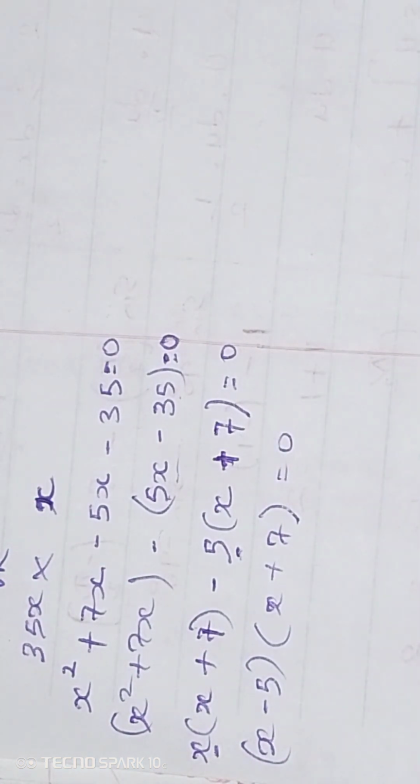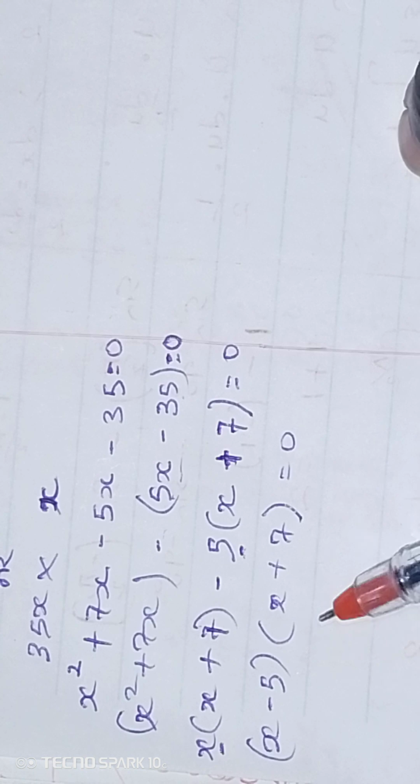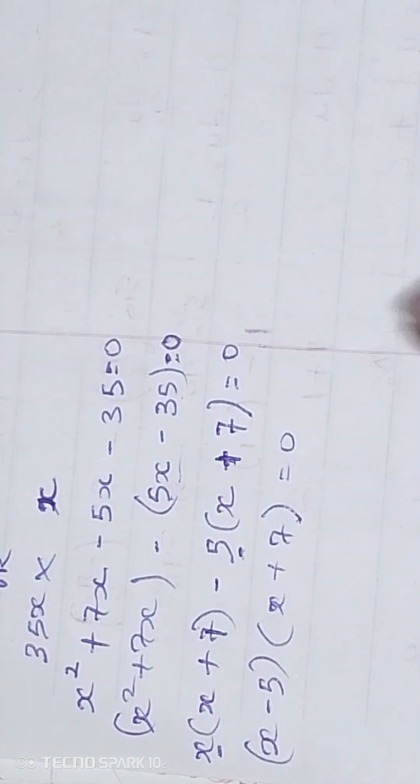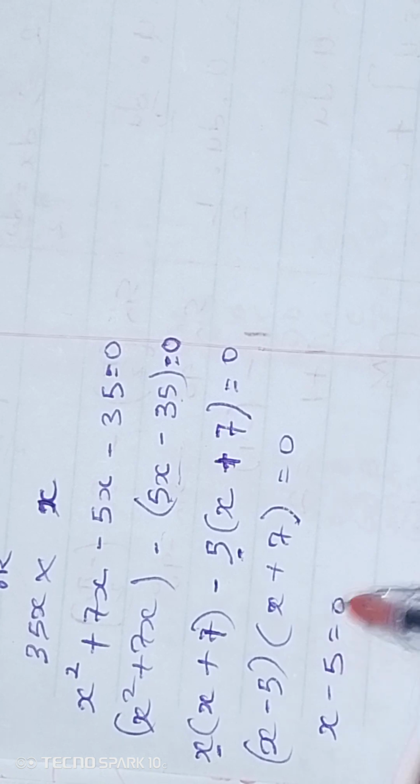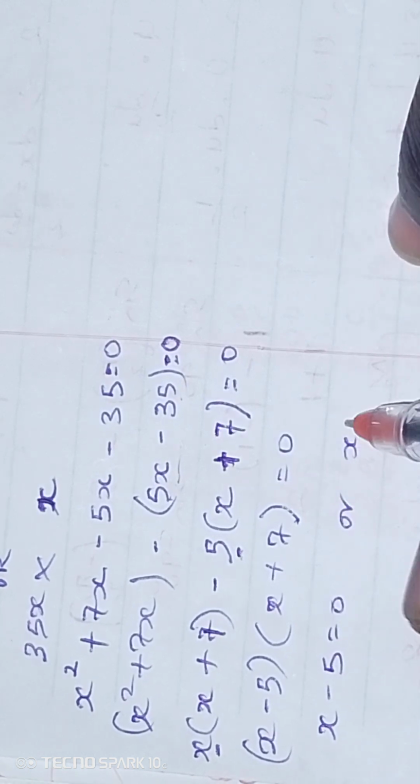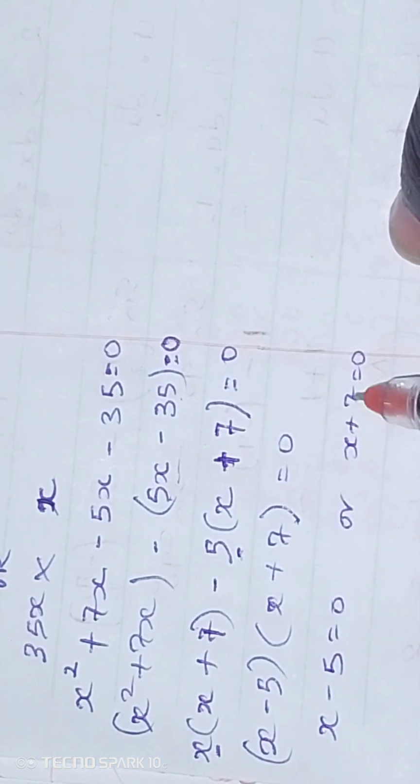The only thing that can make the product of x minus 5 and x plus 7 equal to 0 is if x minus 5 itself is 0, or x plus 7 is equal to 0.